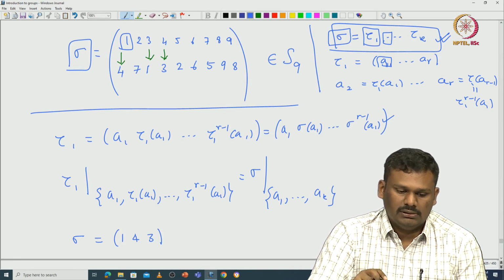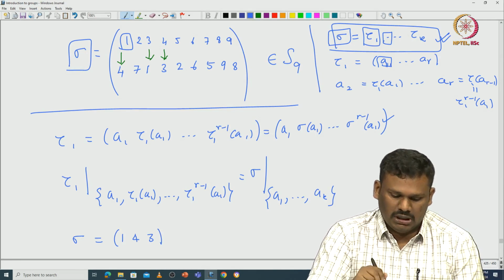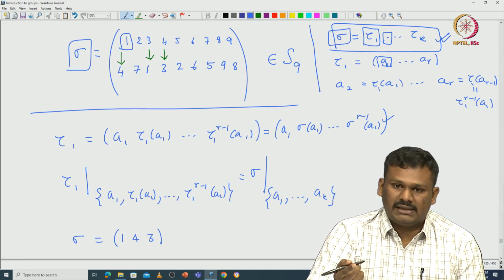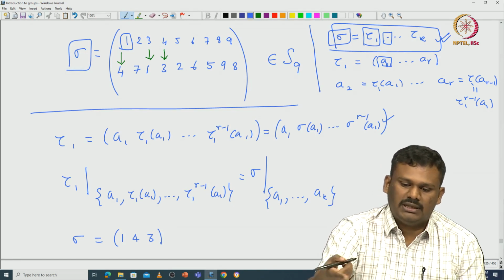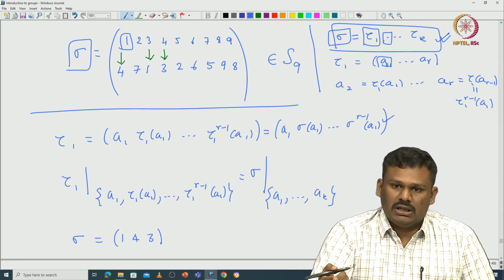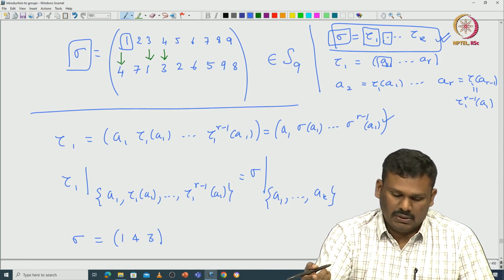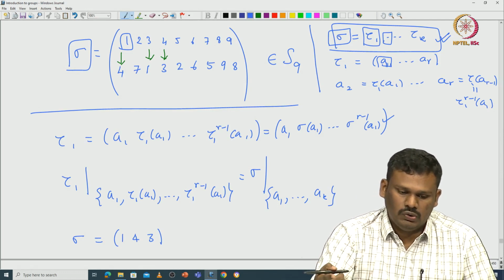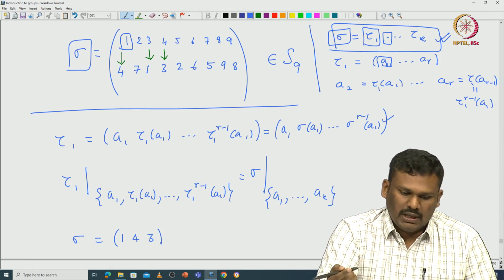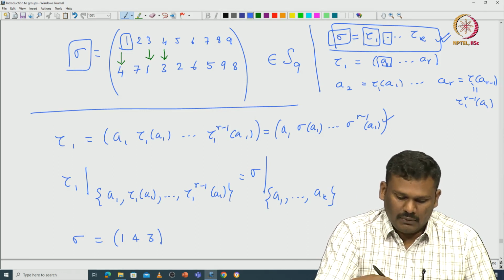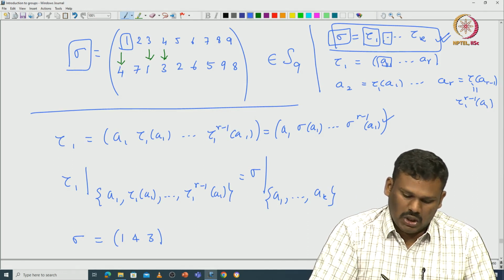Now you have made one cycle. To go to the next cycle, because all of them are disjoint, which cycle you choose first does not matter. That means which index you choose does not matter. So you can go to some index which is not present in the first cycle.